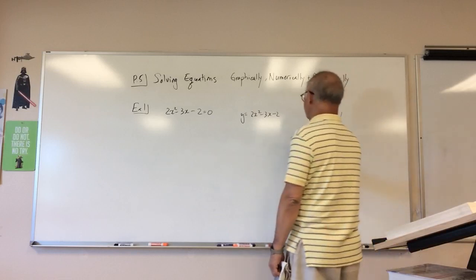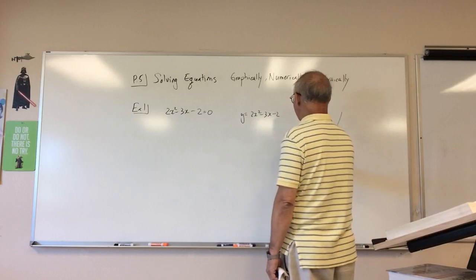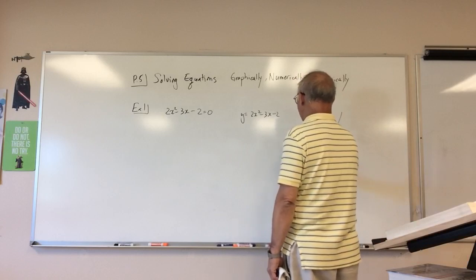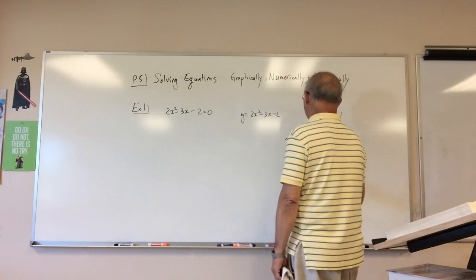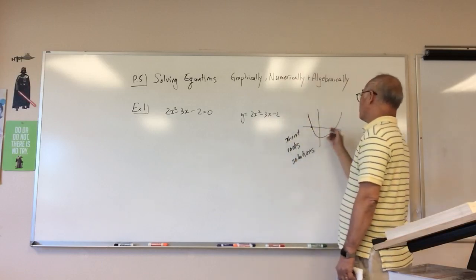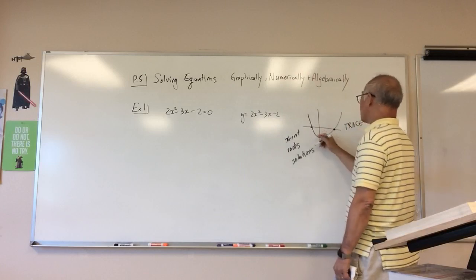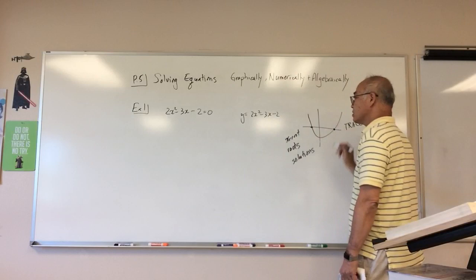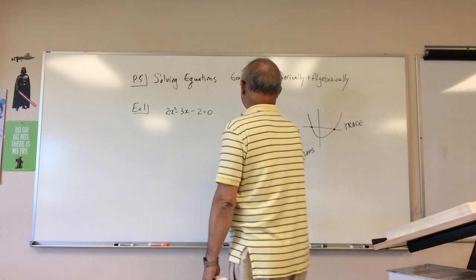These are the solutions, also called the roots. You would use the trace function in your calculator to find the exact point where this becomes 0. So that's how you would do it graphically.